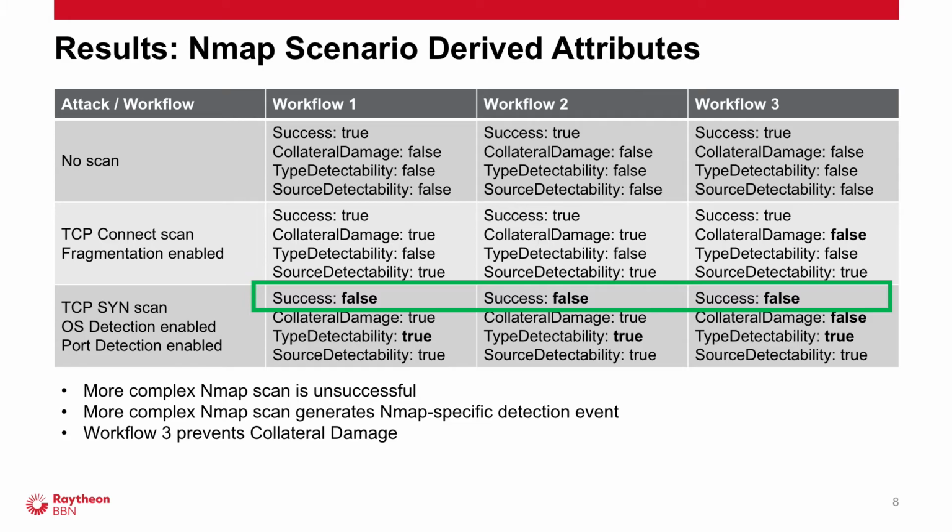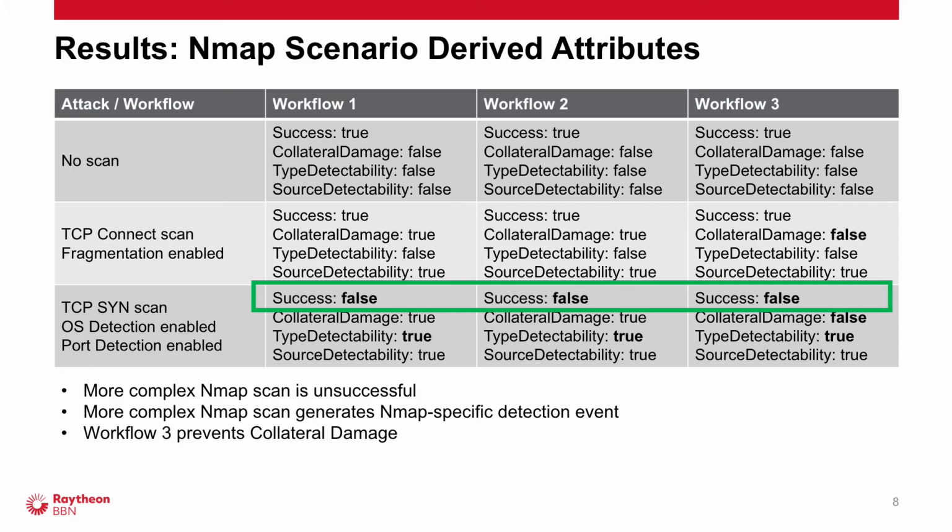In this top row, we can see that the more complex Nmap scan is unsuccessful. Nmap configuration 3, the TCP SYN scan, is not actually able to succeed. It does not find a certain percentage of the operating system names, the operating system versions, and the different ports that exist in the topology.